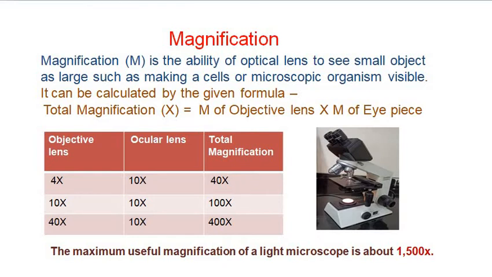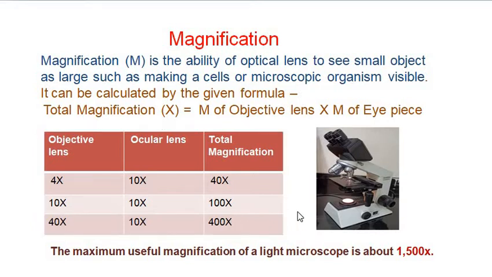The ocular lens magnification is always 10x, and the objective lens has three types of magnification: 4x, 10x and 40x. If you use a 40x objective lens and a 10x ocular lens, the total magnification would be 400x. What is the meaning of 40x, 100x and 400x?